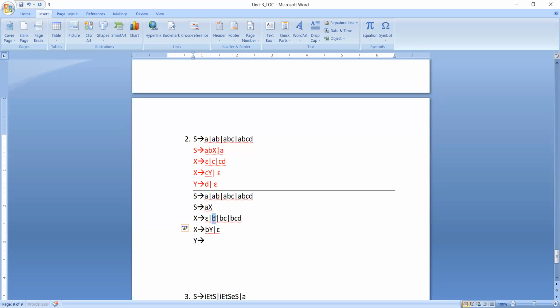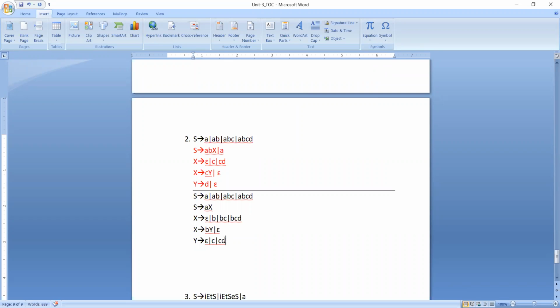If you take this b out, what will remain? Epsilon will remain. So here we will get epsilon, or from this bc, if you take b out, what will remain? C will remain.